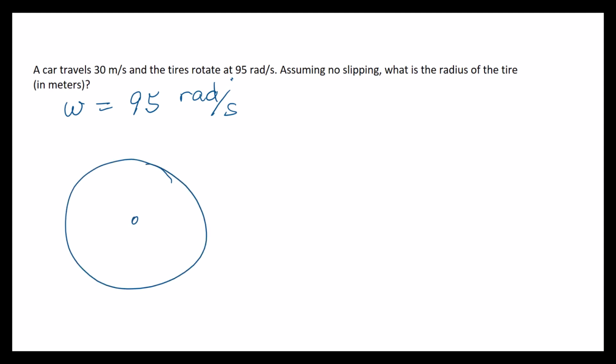What it's really saying is that the center travels at a velocity of 30 meters per second.